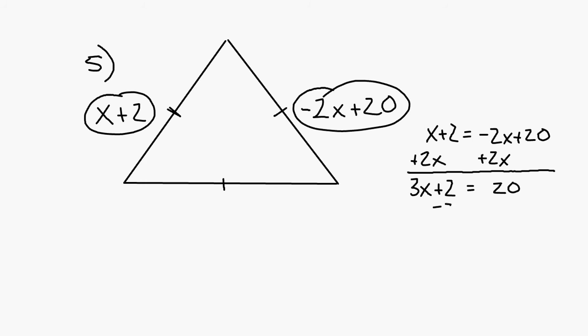If you subtract 2 from each side, then 3x is equal to 18. Very good. So if you divide by 3, then x is equal to 6.